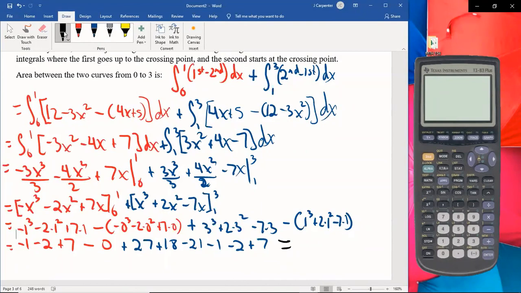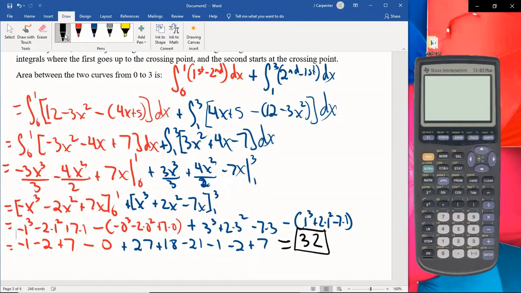Let me start over. -1 minus 2 is -3, plus 7 is 4, plus 27 is 31, plus 18 is 49, minus 21, that's 28, minus 1 is 27, minus 2 is 25, plus 7 is 32. That should be right. Good.